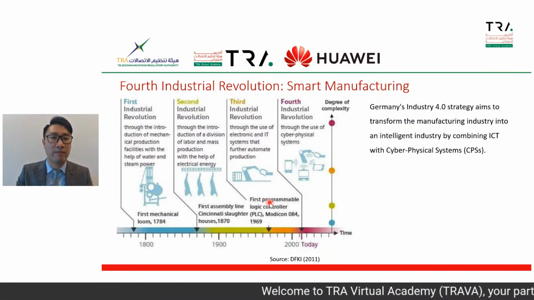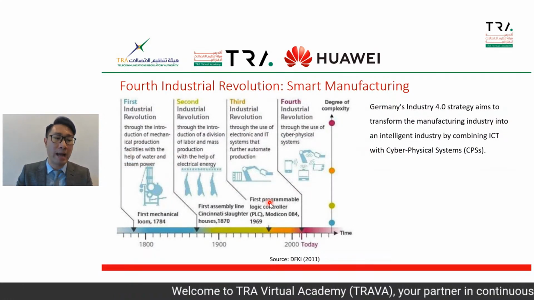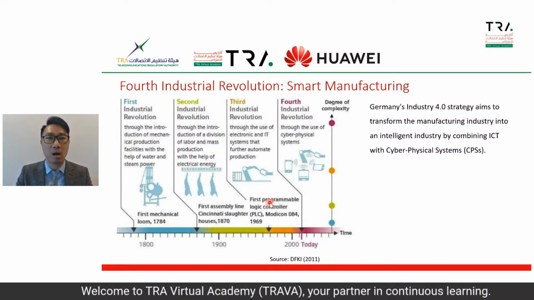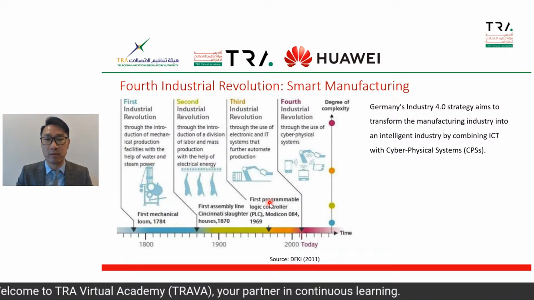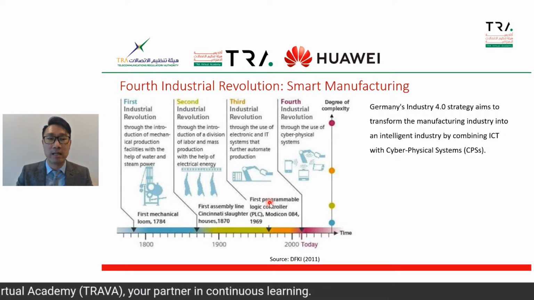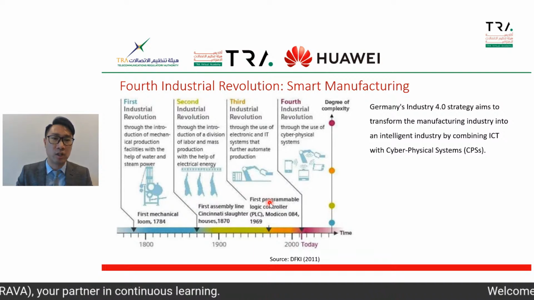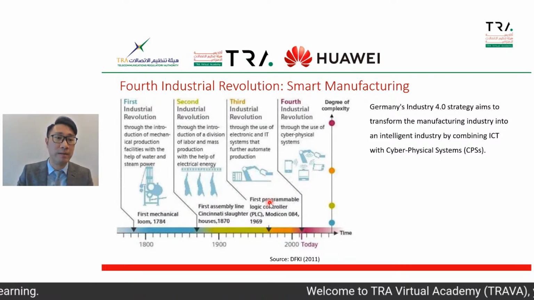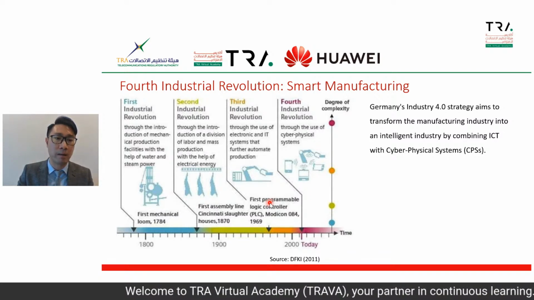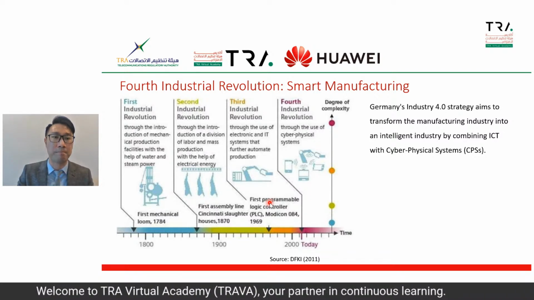And here we have some idea of the timeline of each industrial revolution. The first industrial revolution started in the 18th century, driven by steam power, and we had all the machines powered by steam.